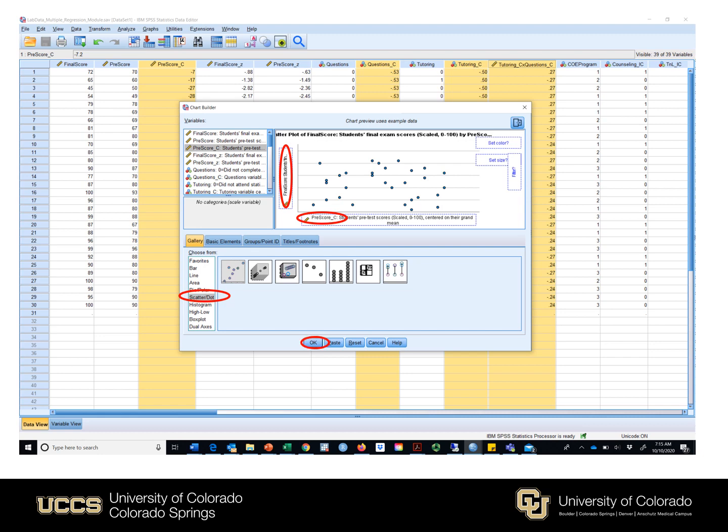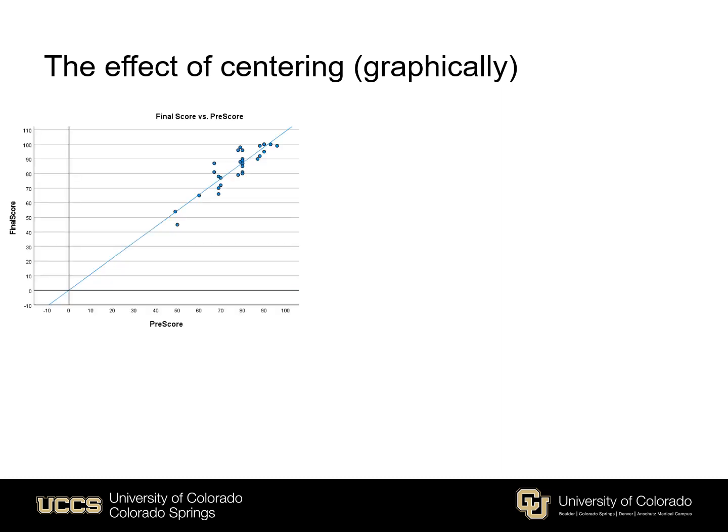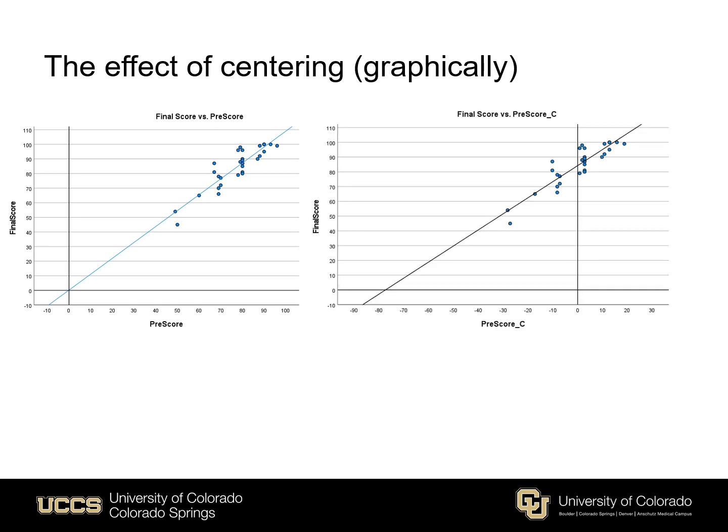Once you've done that, click OK. Okay, so let's examine the effect of centering from a graphical perspective. Here's our old scatter plot of final score versus pre-score. And here's our new scatter plot of final score versus the centered version of pre-score.